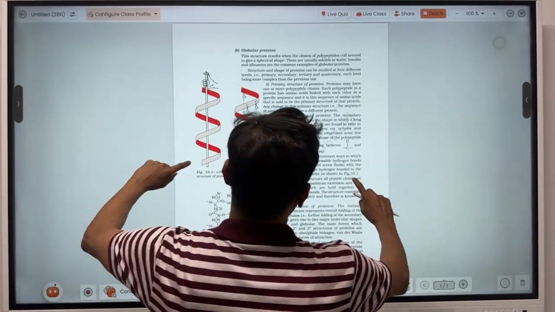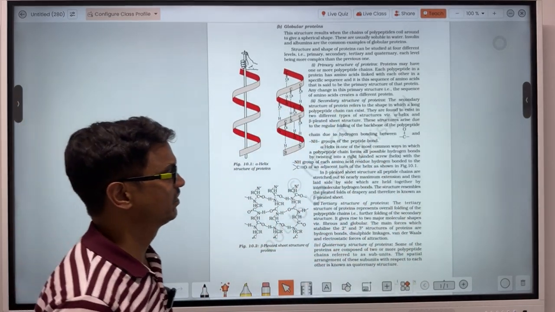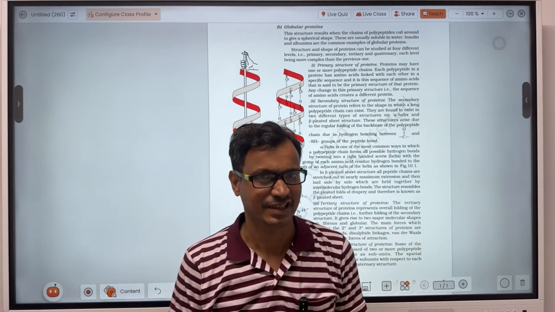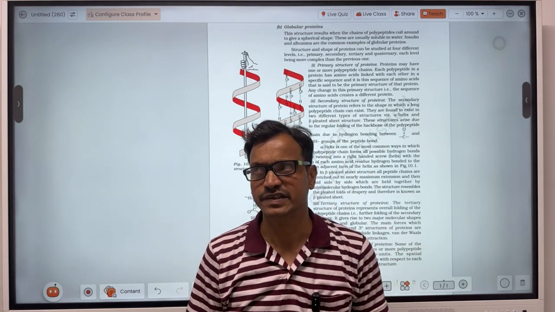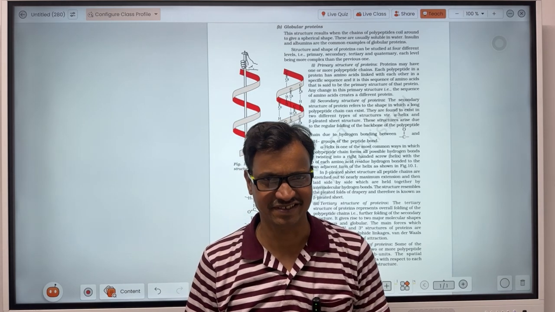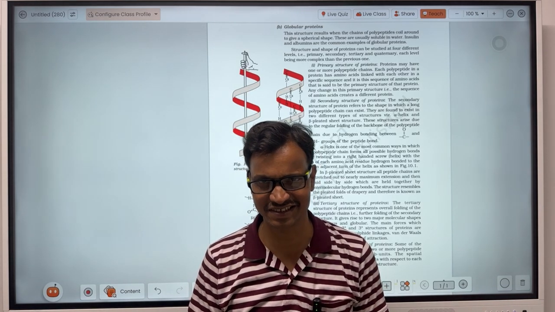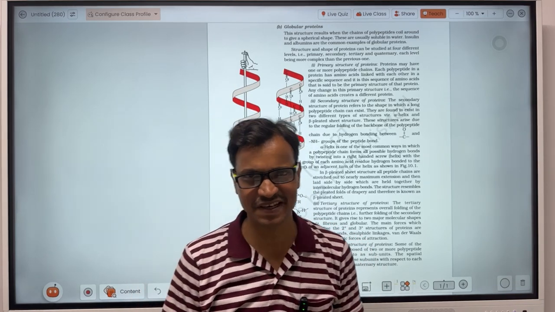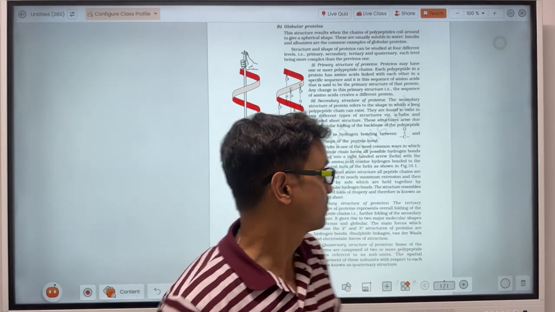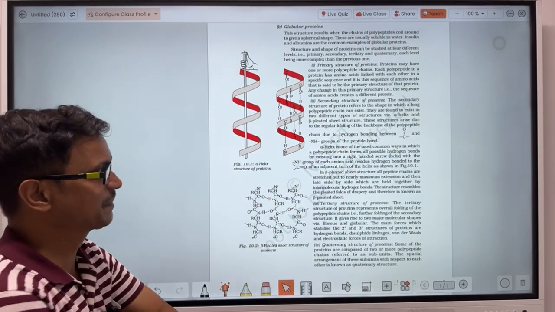The primary structure of protein is simply the formation of the polypeptide chain, in which the amino acids are bonded with each other through peptide bonding.